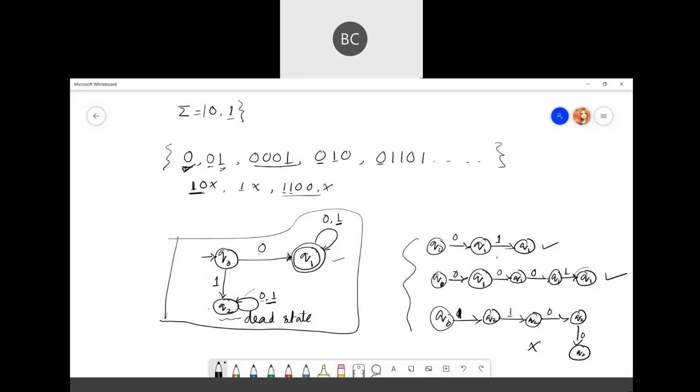So if it is starting with 0, after reading the 0, it reaches the final state. Then you make a self loop here. After this, it doesn't matter which symbol it is taking. 0, 1, 1, 0, the sequence doesn't matter here. So the only condition is starting with 0. So it will always start with 0. Correct?